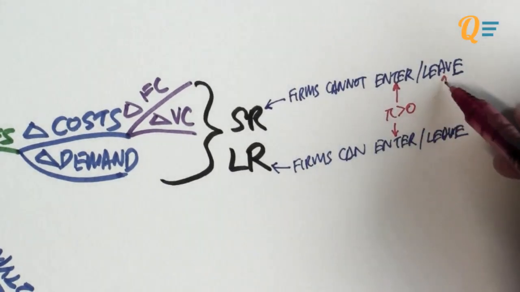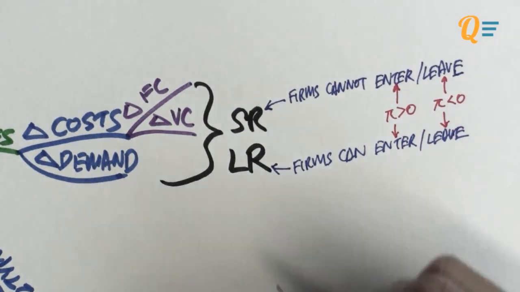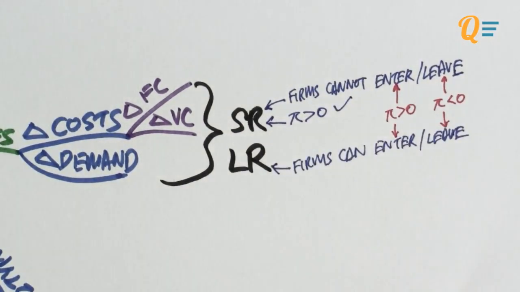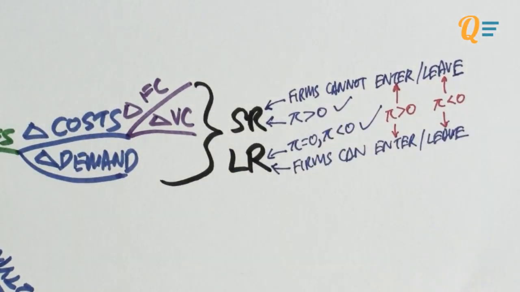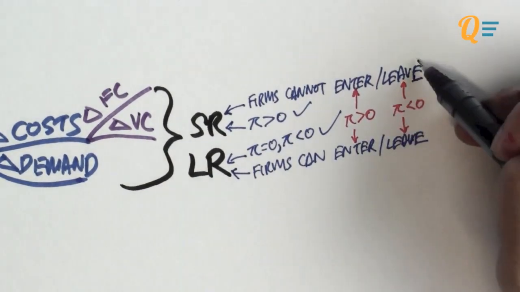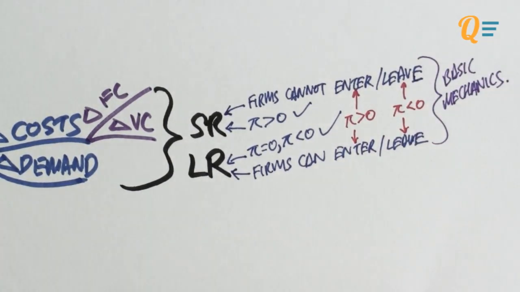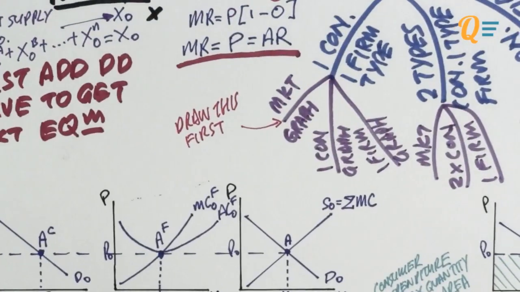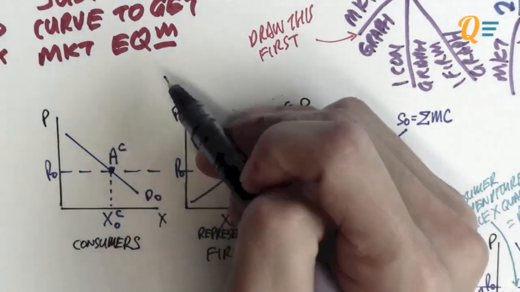Because there's positive profits. Why would firms want to leave? Because they are suffering losses. In the short run, it is possible to have positive profits, but in the long run, you either have zero profits or you're making losses. These are the basic mechanisms that you have to understand. Once you have this deep into your memory, perfect competition will be a piece of cake to you.